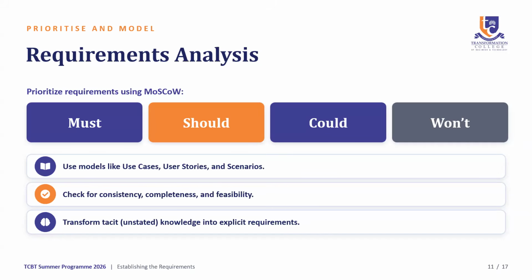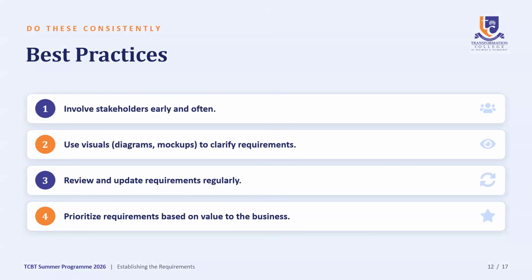Best practices: involve stakeholders early and often, and use visuals, which explain solutions better than writing. Review and update requirements regularly. You must ensure that there's proper alignment at every stage. You can do this quarterly, monthly, weekly, or annually, as the nature of the product solution demands.